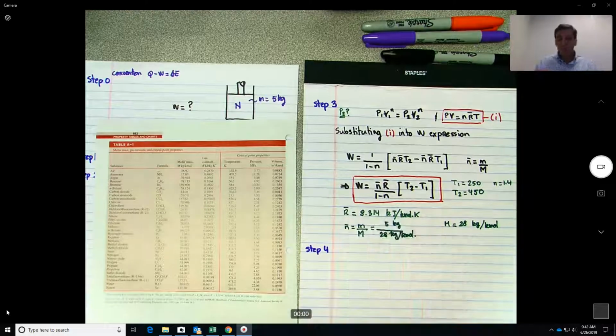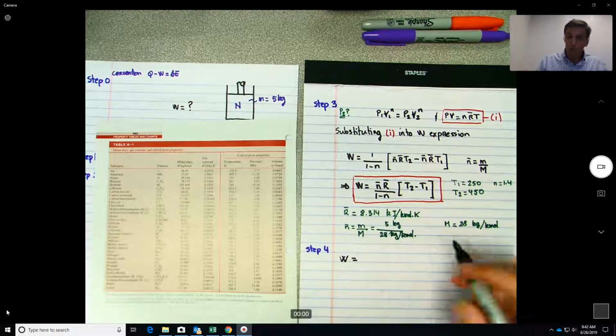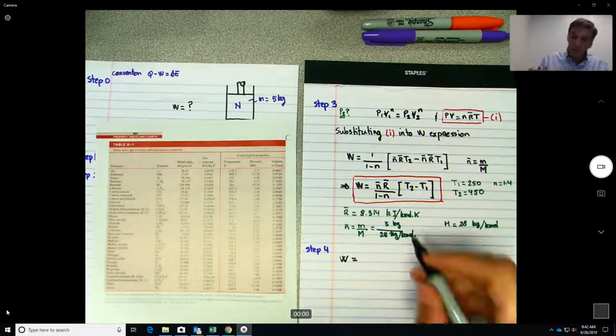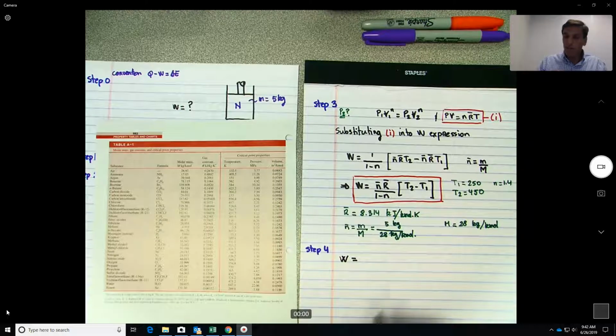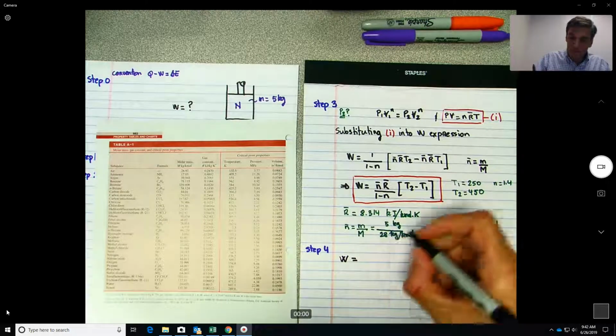so we can go to step 4, which is to solve. So here we're going to have that the work will be equal to what? So here you see the units work out perfectly. Let's maybe write them down.